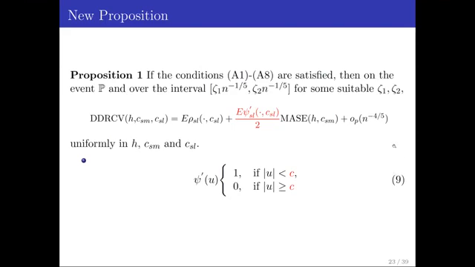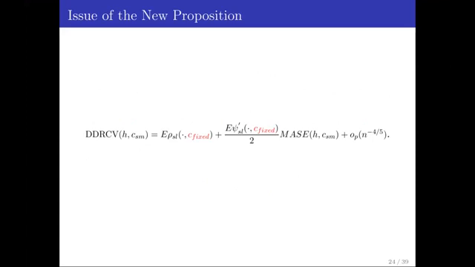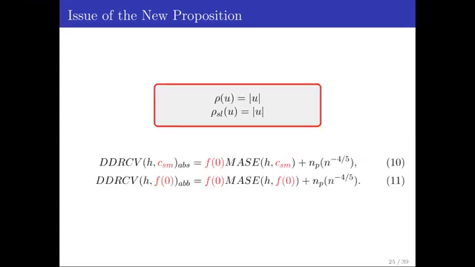Because of that, we propose some edited propositions based on the general proposition 1. The first option is to set a fixed CSL for the DDR-CV. In that case, the DDR-CV only has two variables: the first is the bandwidth h, and the second is the threshold in the smoothing process. The other option is that we replace the Huber function by the absolute value function, which is |U|.